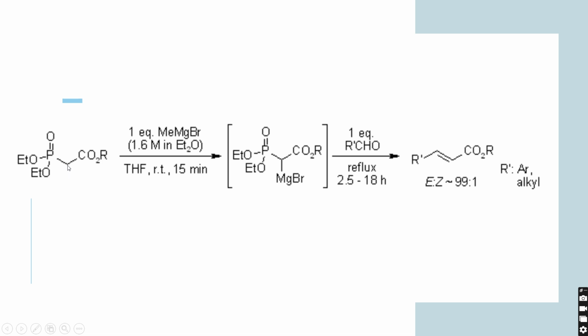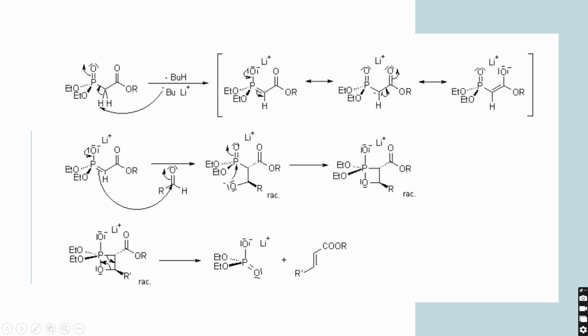So the Grignard reagent is going to abstract a proton from this alpha position, and we get these resonating structures of the intermediate anion. Ultimately this anion, after abstraction of the proton, reacts with the aldehyde present in the substrates.